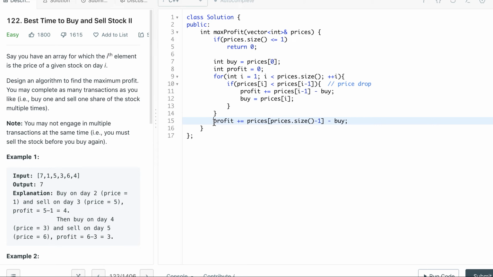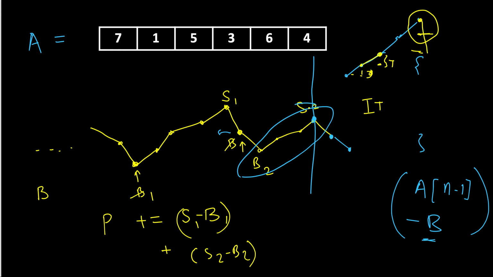We can always put it here because let's say if it was the peak in the end, then it will automatically add this profit which was not added. But let's say if it was this one and the buy was this, here again we encountered a dip, so we would have again updated buy.